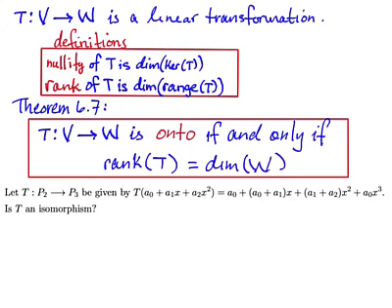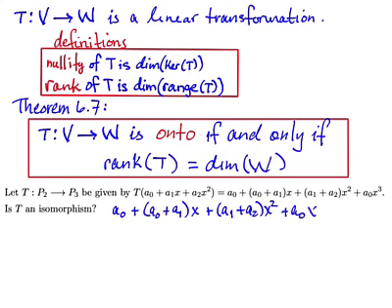Is this an isomorphism? So we're going to try to use the theorem. We're going to check to see if it's onto by checking the dimension of the range. So this polynomial is in the range, right? This is just sort of a typical third degree polynomial that's sitting in the range.